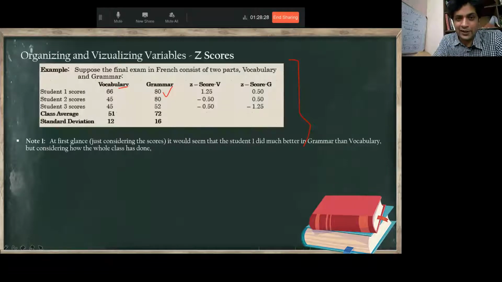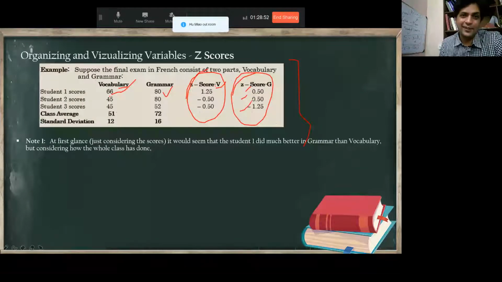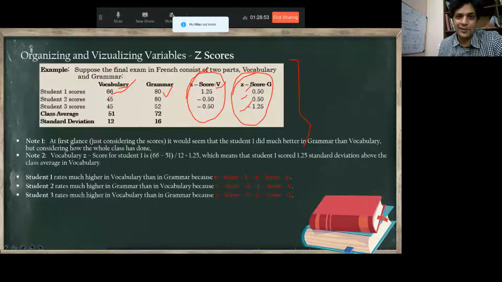But what you actually need to do is take the z-score of all the students and see. This student has actually done better in vocabulary, not in grammar, because the z-score of vocabulary is higher than the z-score of grammar. And this student has done better in grammar, and this student has done better in grammar as well. So that's how we do this.